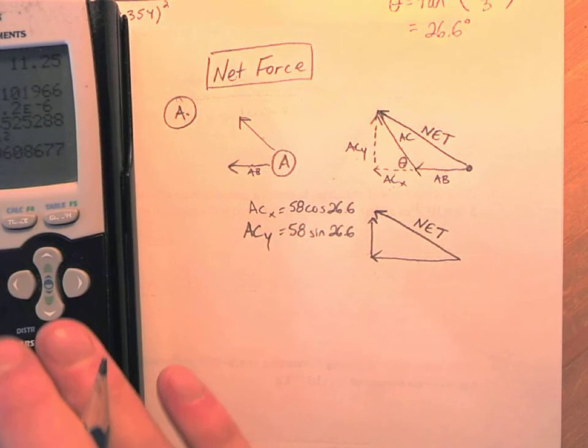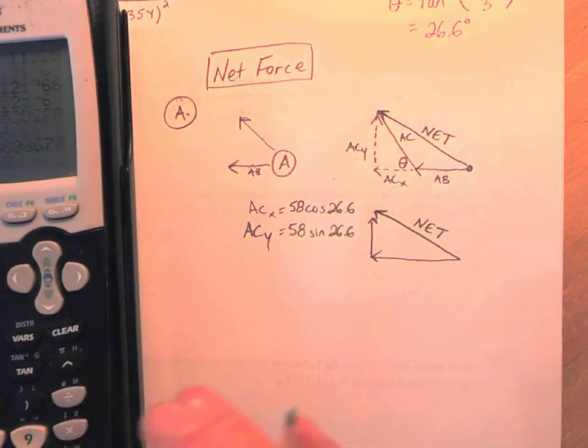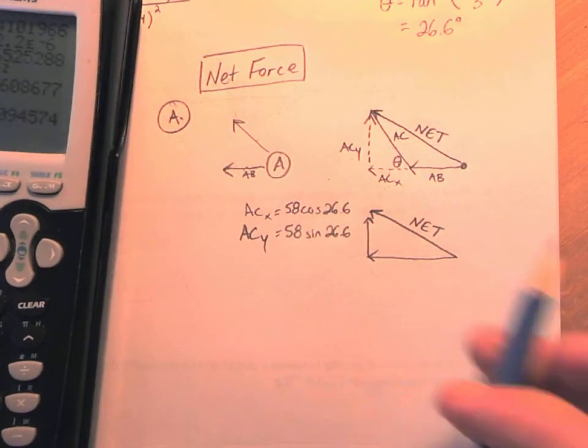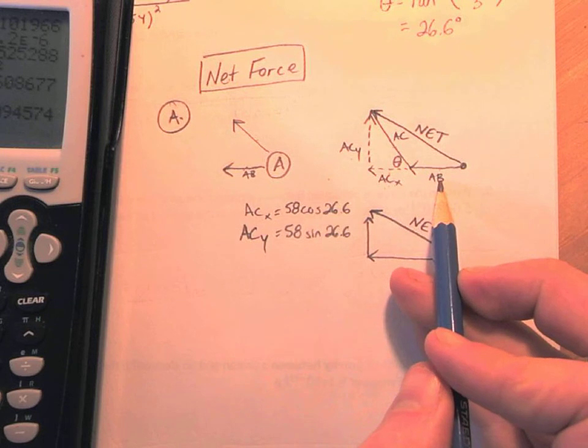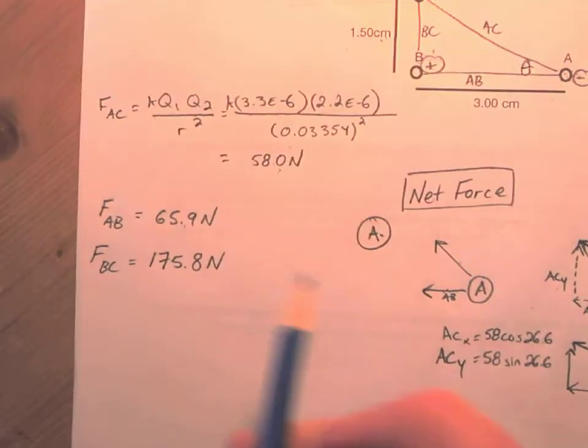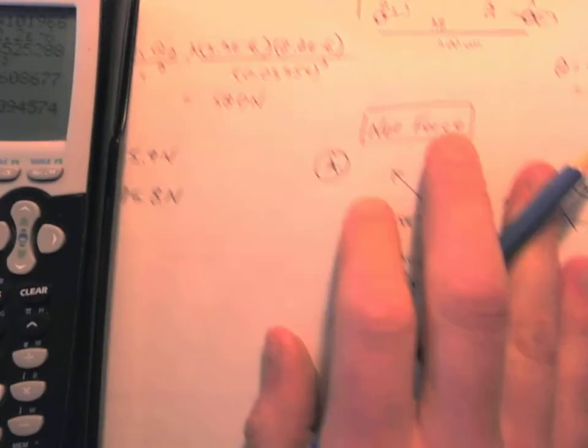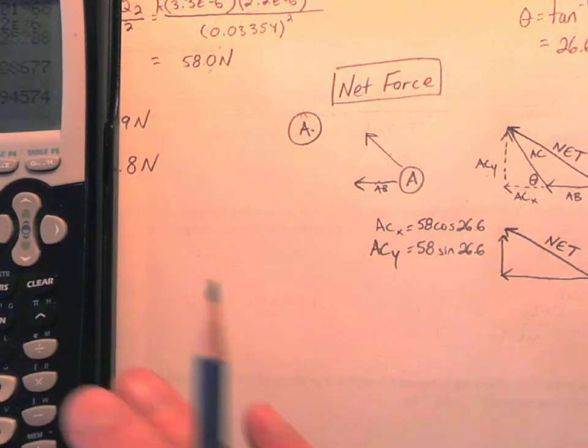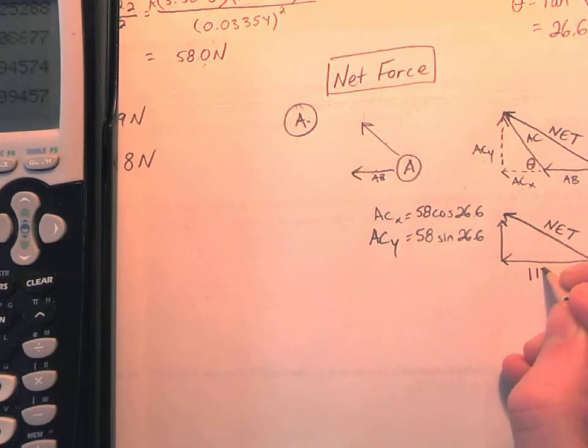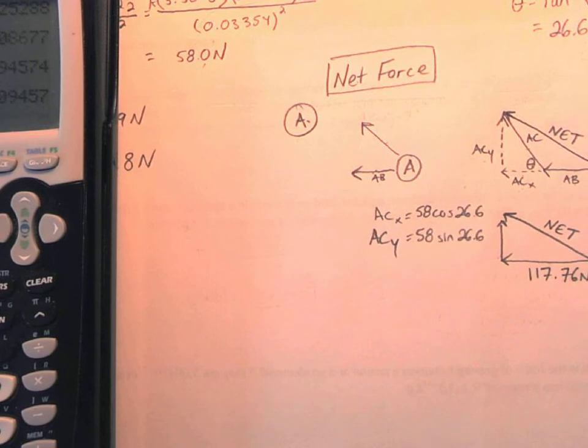ACX is 58 cosine 26.6, which is 51.8. But we know we're going to have to add it to AB, and AB is 65.9. And we get 117.76 newtons in the x direction.